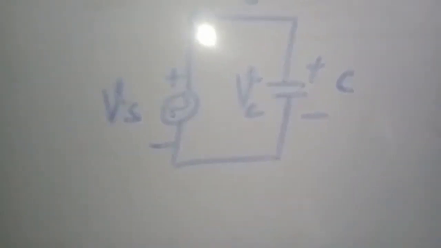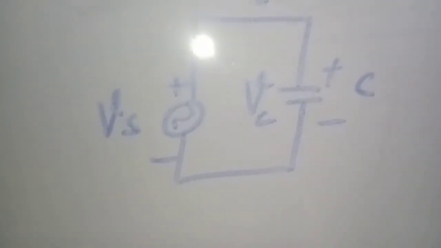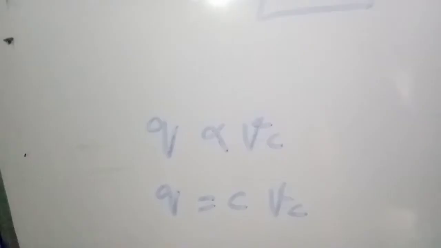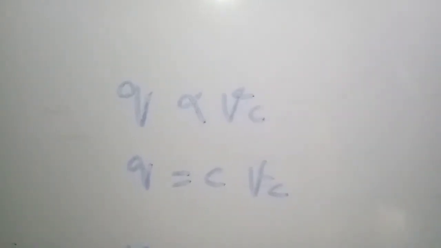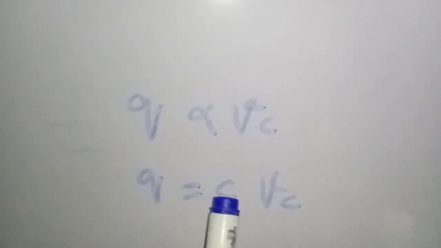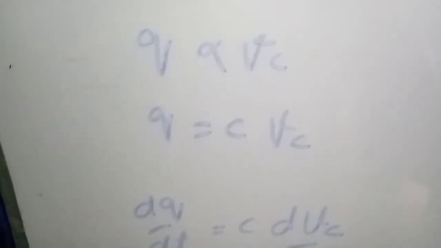So the source voltage is equal to the voltage of the capacitor. So I can write: Q is proportional to Vc, and Vs is equal to Vc. Replacing the proportionality with a constant C, I get equality: Q is equal to C Vc.